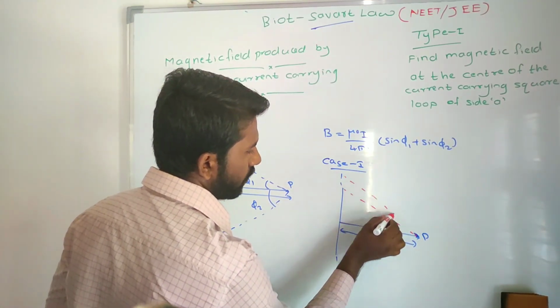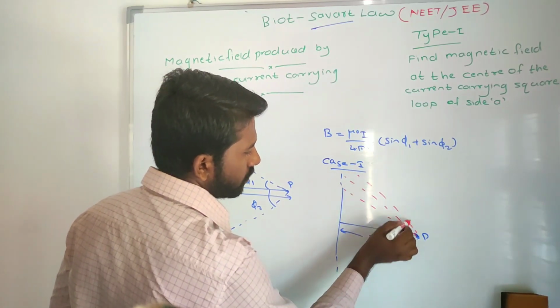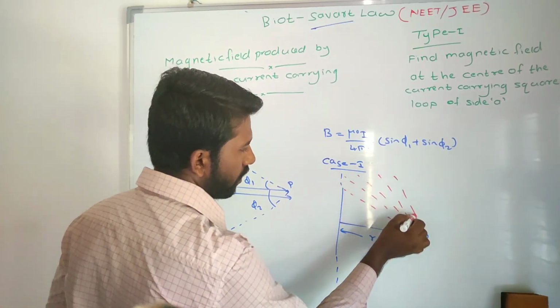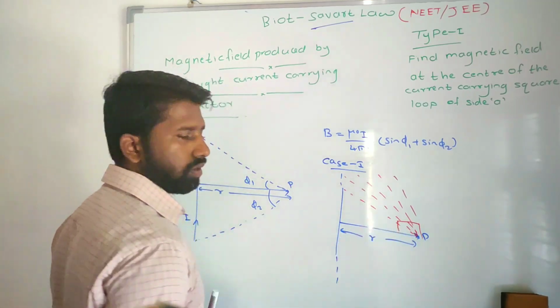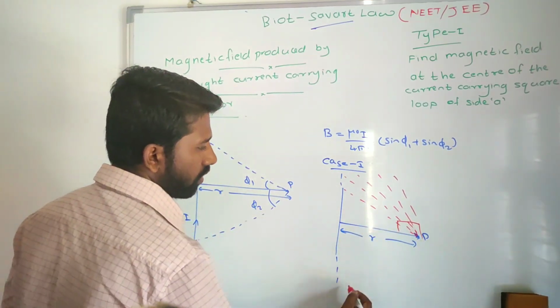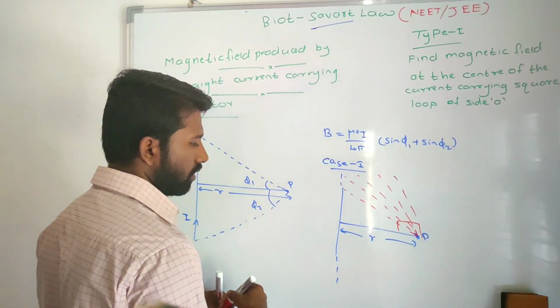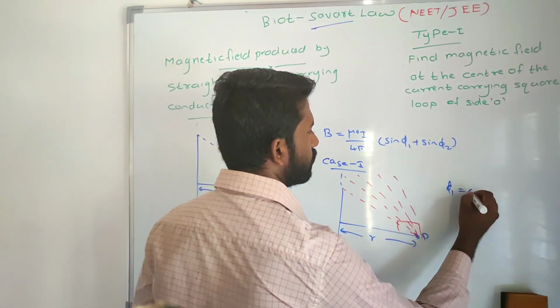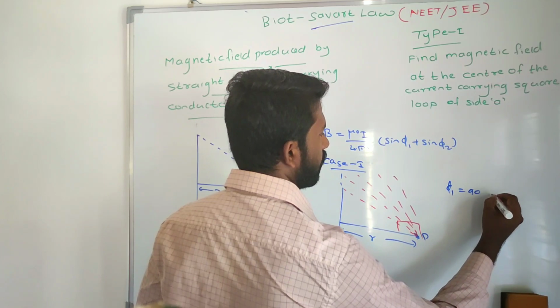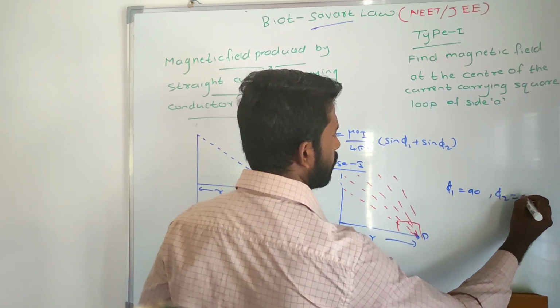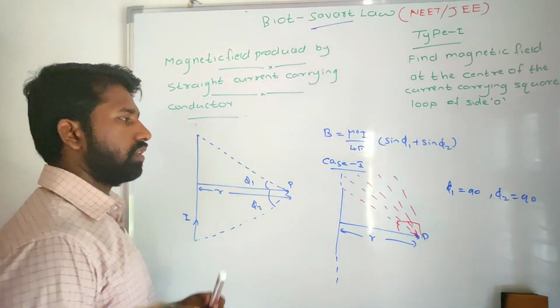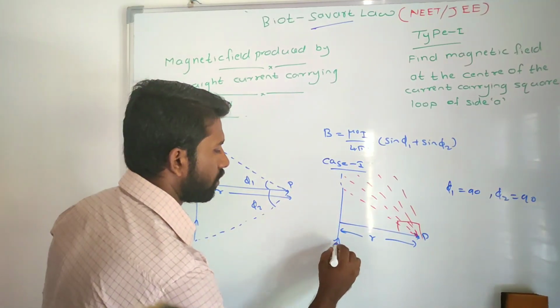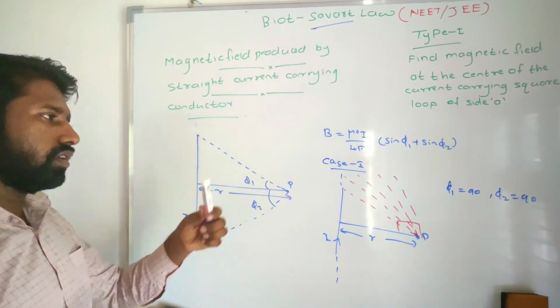It increases, like this it will come, again goes on, again goes on, like this. What do you get now? You will get 90. Similarly here also you will get 90 degrees. That means phi 1 is equal to 90 degrees and phi 2 is equal to 90 degrees. If the wire is infinitely long, phi 1 and phi 2 are 90 degrees.